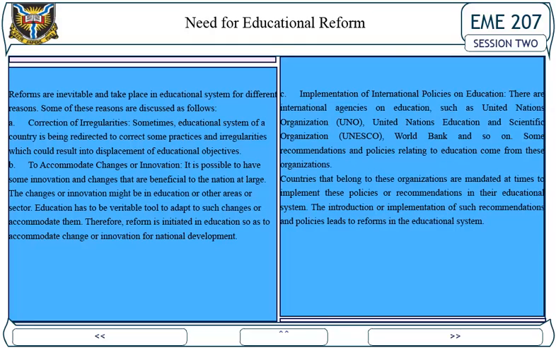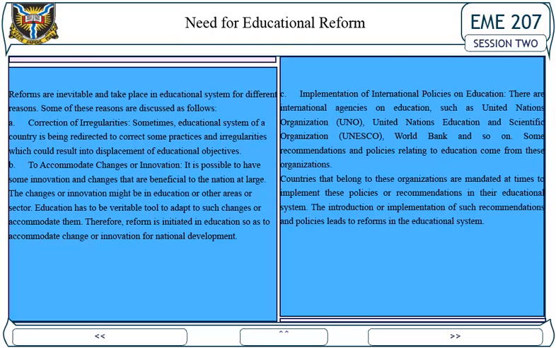A. Correction of irregularities. Sometimes, the educational system of a country is being redirected to correct some practices and irregularities which could result in displacement of educational objectives. B. To accommodate changes or innovation. It is possible to have some innovation and changes that are beneficial to the nation at large.